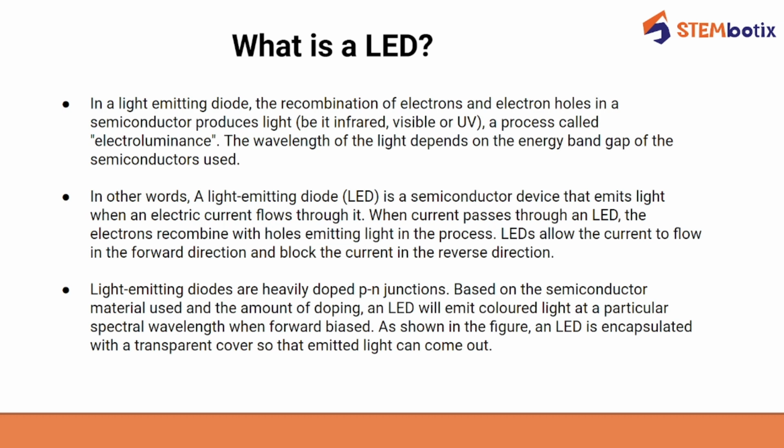Whenever a diode is connected in forward bias and electric current flows through it, it emits light. Light emitting diodes are heavily doped PN junctions. Based on the semiconductor material used and the amount of doping, an LED will emit colored light.